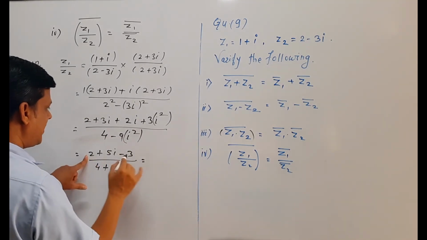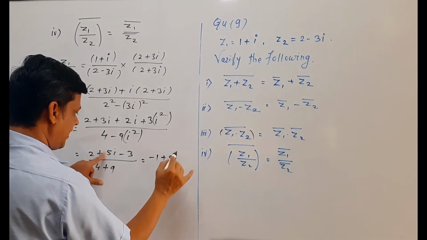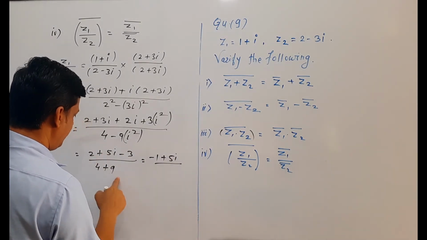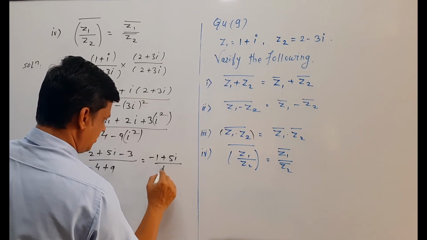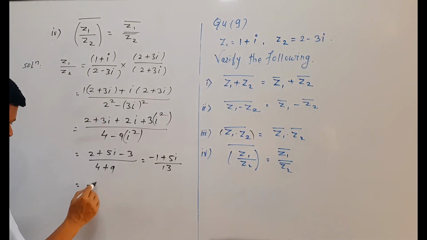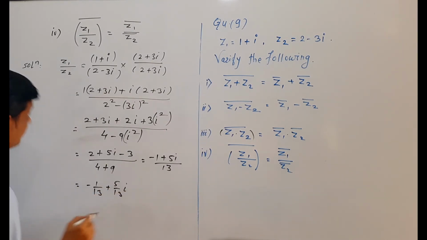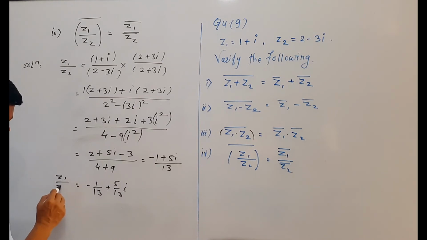Now add 2 minus 3, so we get minus 1 plus 5i upon 4 plus 9, which is 13. So you can write this as minus 1 by 13 plus 5 by 13 i, which is z1 upon z2.